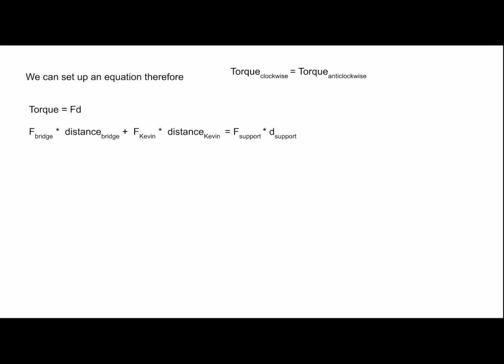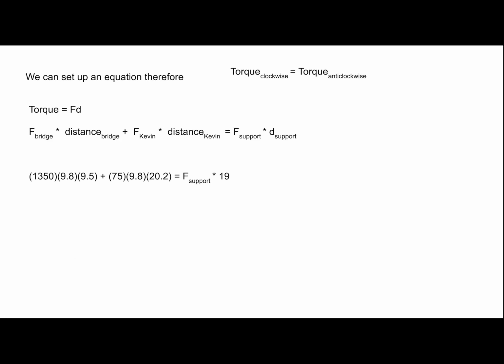So now all you have to do is plug in our numbers. Referring to our last diagram, our bridge is 1,350 kilograms multiplied by gravity, multiplied by a distance of 9.5 meters, plus Kevin's mass and the gravity force multiplied by his distance, and that's going to be equal to the force of the support multiplied by the distance of the support, which is 19.